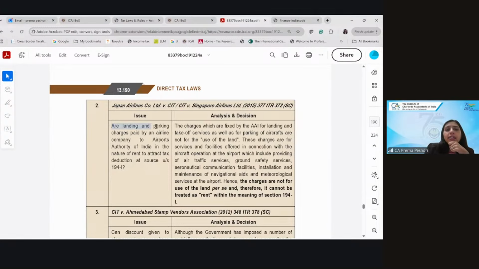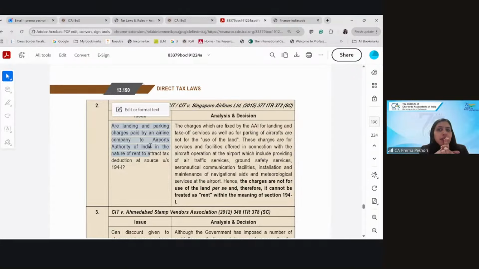Are the landing and parking charges paid by the airline company to the Airport Authority of India in the nature of rent to attract the TDS under 194I? This is a Supreme Court ruling in the case of Japan Airlines. When the airlines paid the landing and parking charges to the Airport Authority of India for landing their aircraft, taking off, and parking the aircraft, is it in the nature of rent?